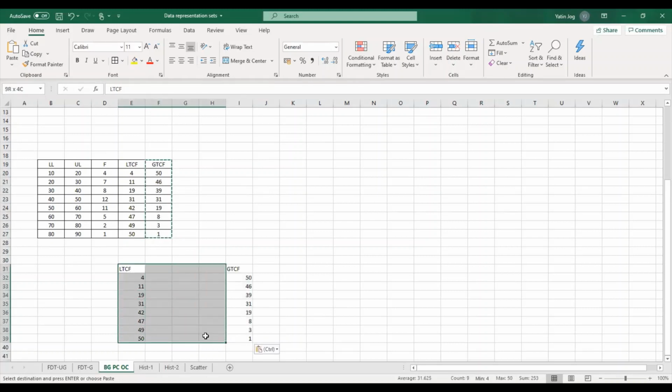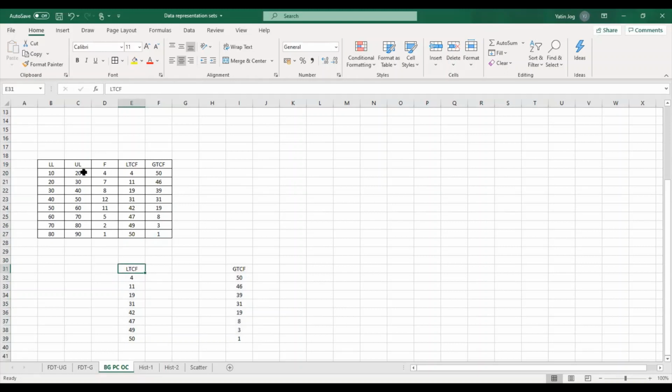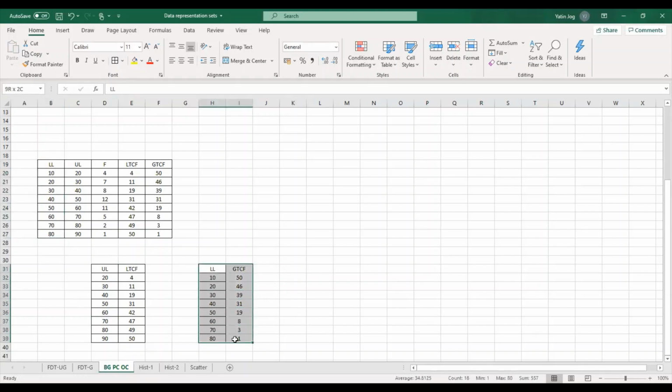Whenever I talk about less than cumulative frequency, these are linked with the upper limit of the class, correct? Because we have discussed this example. If I want to count how many observations are below the upper limit of the class, we go for less than cumulative frequency. So less than cumulative frequencies are always linked with the upper limit of the class, and greater than cumulative frequencies are always linked with the lower limit of the class.